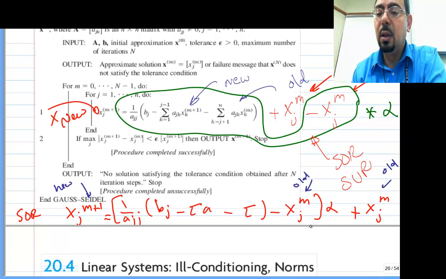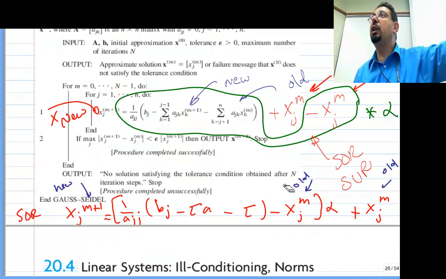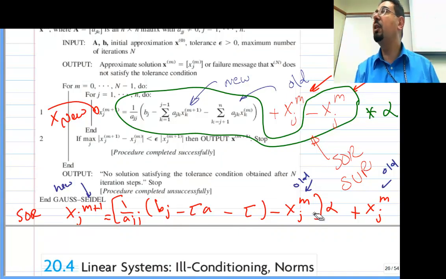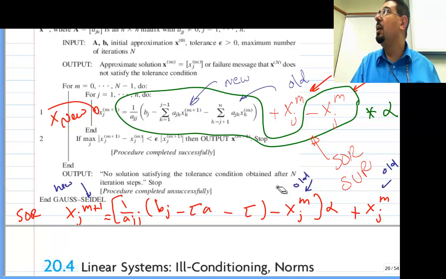Say that again. So the xj itself, because this equation, this line, is written just for xj or x5, for example. You are solving x5. You don't have a choice of using x5 in this formula, x5 old or new. You have to use the old because you're just calculating the new right now.